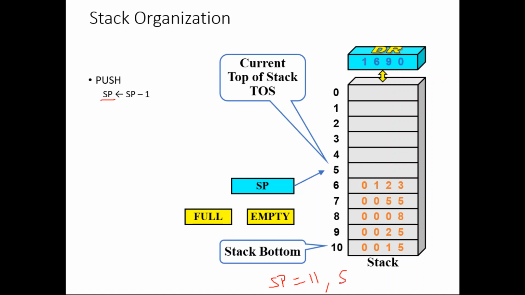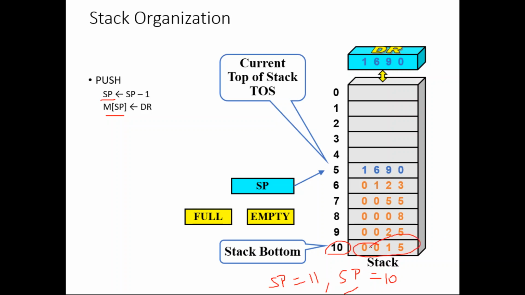Then the stack pointer becomes 10, so whatever you push will go to the 10th location. Then M[SP] = DR. Whatever data you want to write goes into the memory location specified by SP, which is 10.